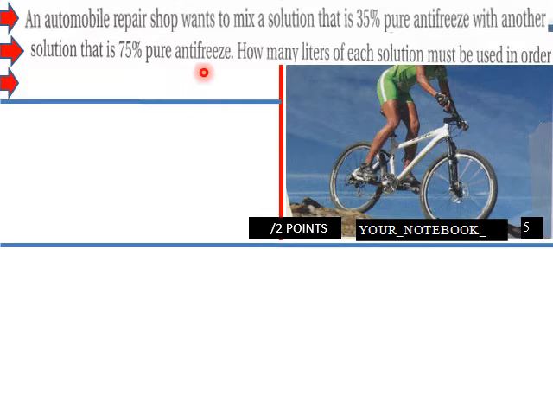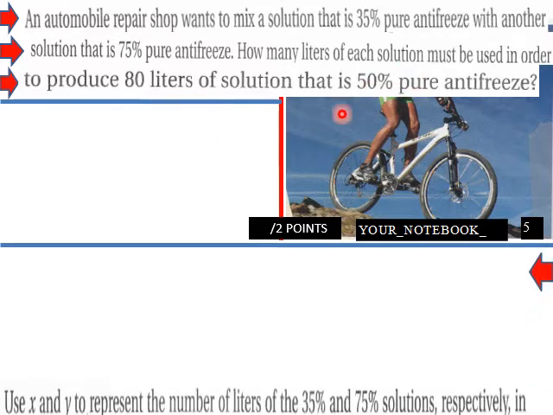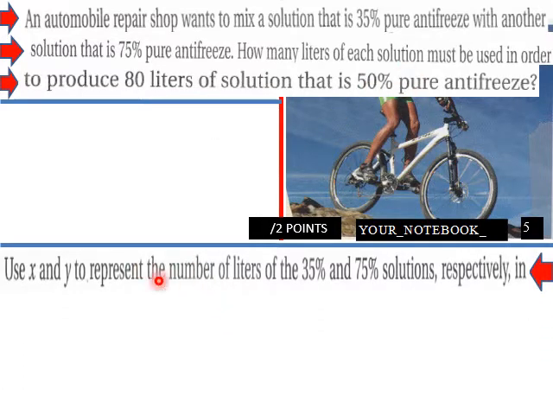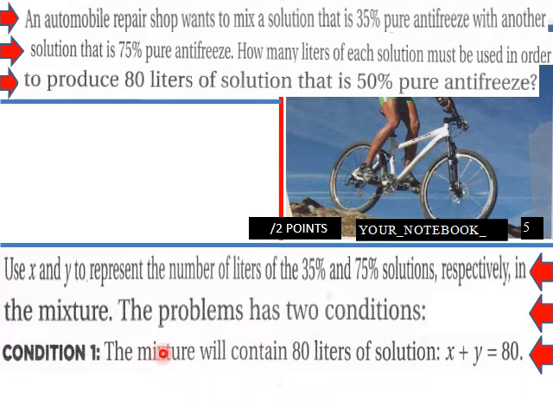An automobile repair shop wants to mix a solution that has 35% pure antifreeze with another solution that has 75% pure antifreeze. How many liters of each solution must be used in order to produce 80 liters of solution that has 50% pure antifreeze? We'll use x and y to represent the number of liters of 35% and 75% respectively. In a mixture, the problem has two conditions.